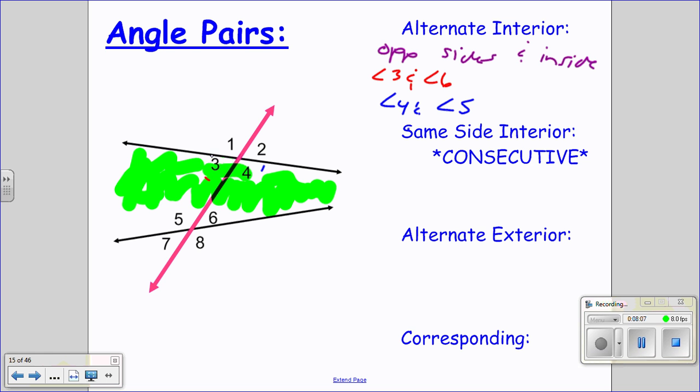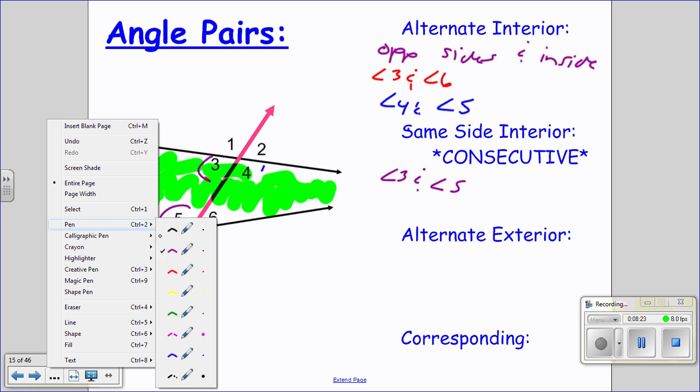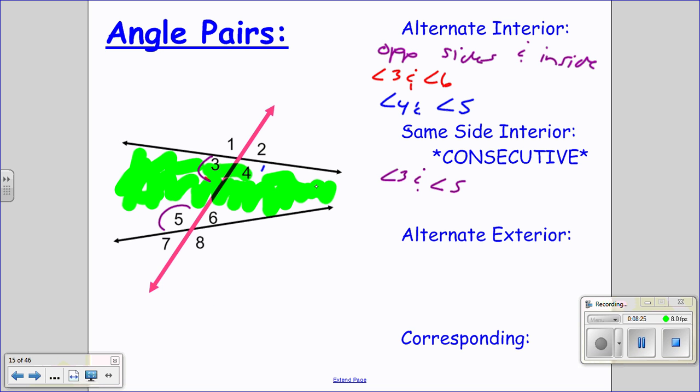So that means angle 3 together with angle 5 would be considered a consecutive pair. Which also means that 4 and 6 would be another consecutive pair. They're on the same side and they're both inside.